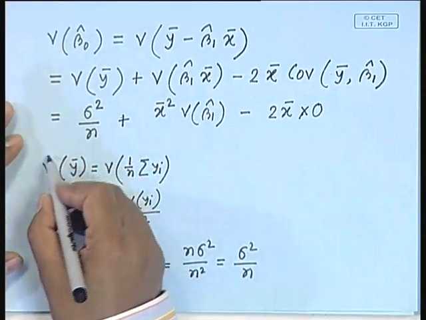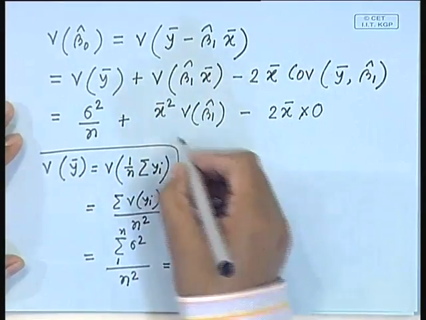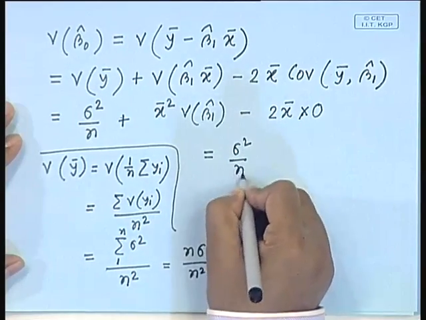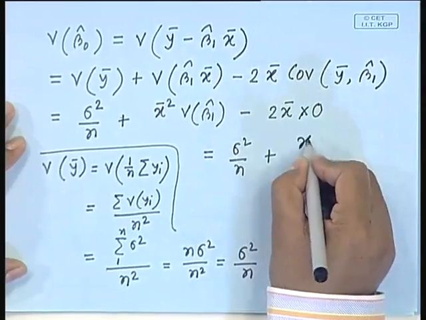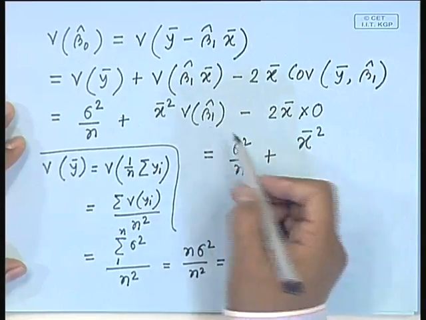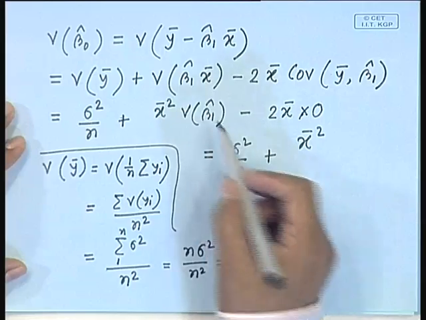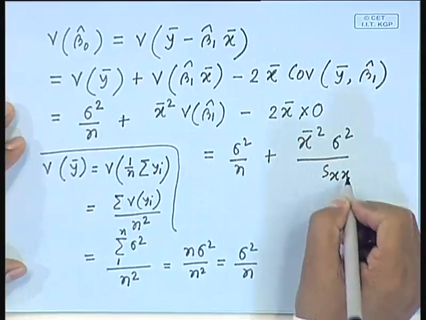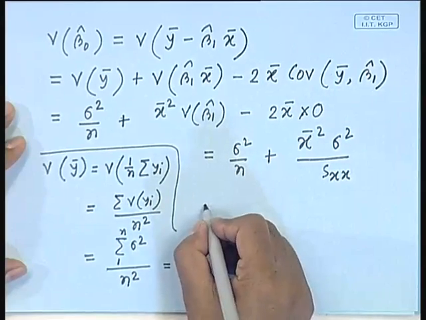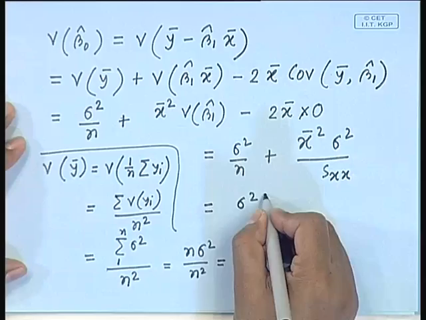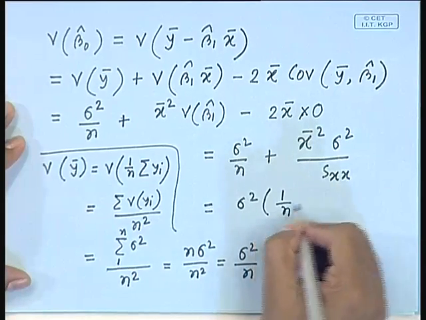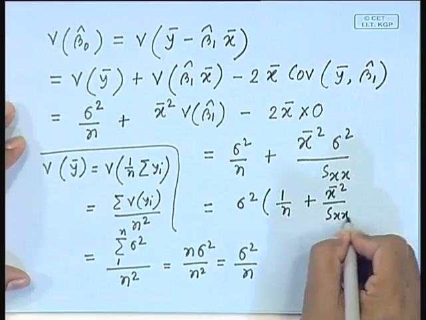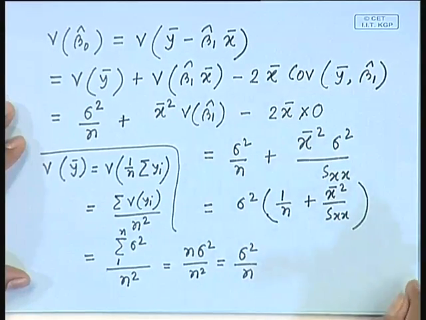That means the variance of beta naught hat is equal to sigma square by n plus x bar square into variance of beta 1 hat, which is equal to sigma square by s x x, which we just proved. So, this is equal to sigma square into 1 by n plus x bar square by s x x. Okay.